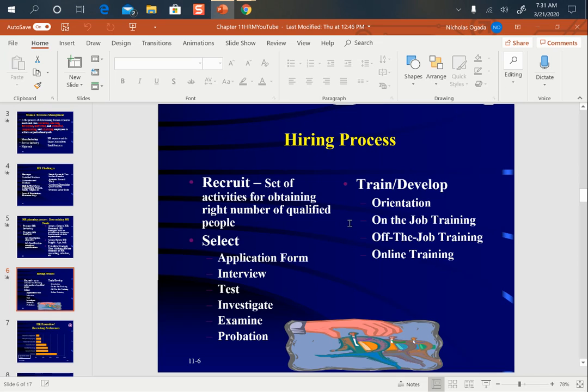You have to work for 90 days before they confirm whether you're going to be with the company, as a way of making sure that was the right pick. Some will train you on the first day, and we always use orientation as a way of onboarding or welcoming you to the organization. We have different types of training: on the job training, off the job training, and most companies are also utilizing online training.